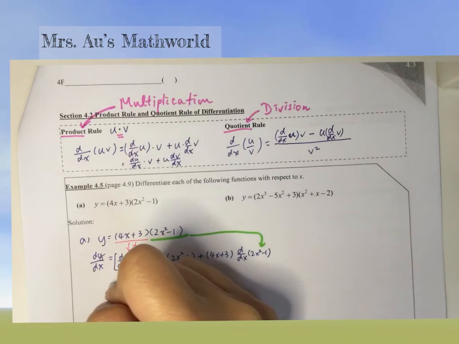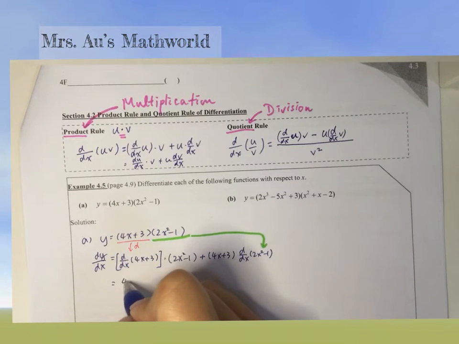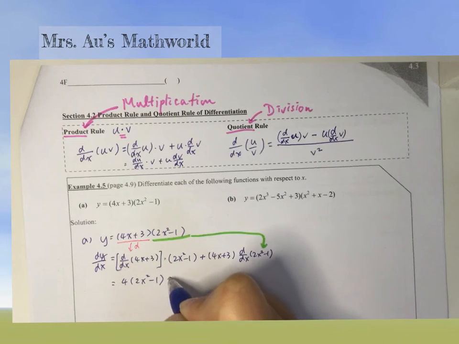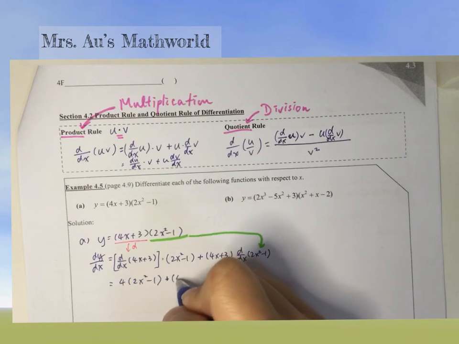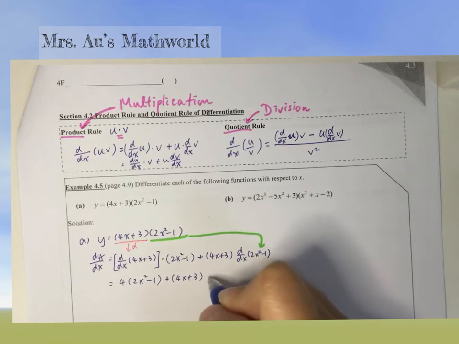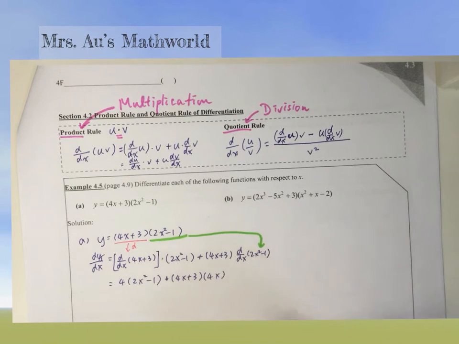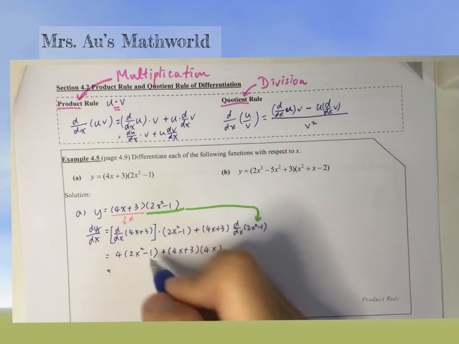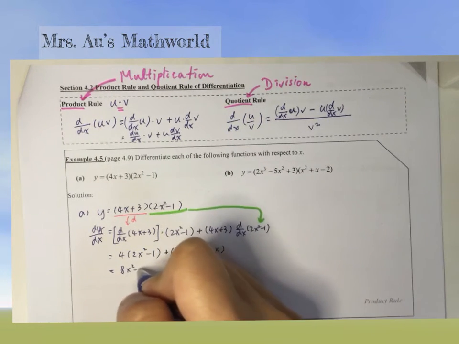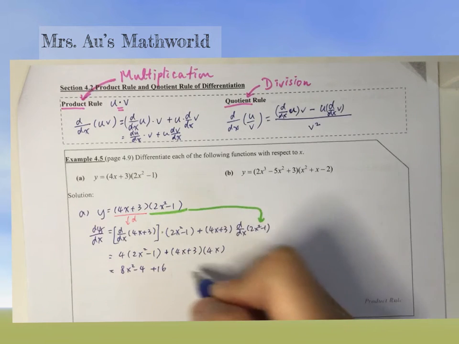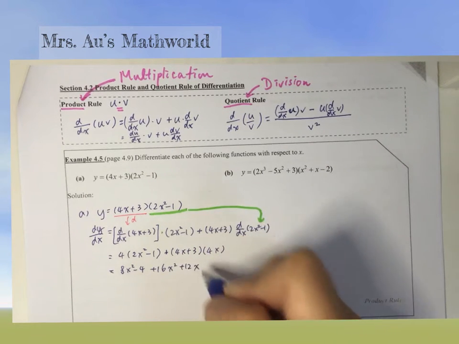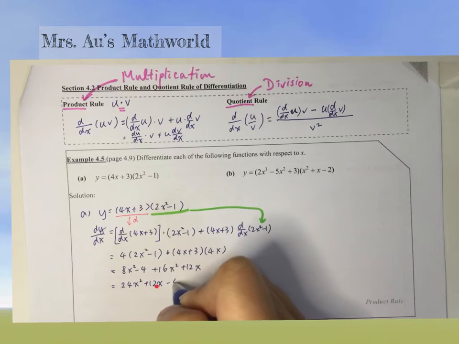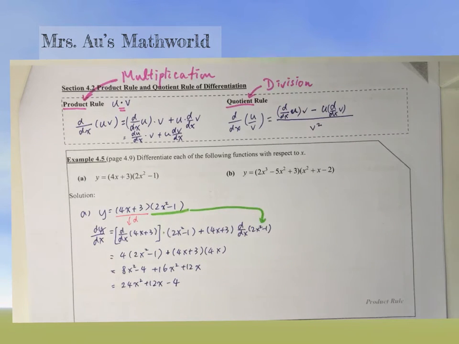And the next part is to differentiate carefully. And then after we've done it, just expand and simplify the polynomial, and it is better to arrange it in descending power of x, which is easier for others to read.